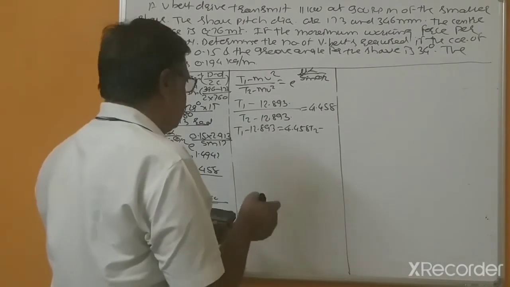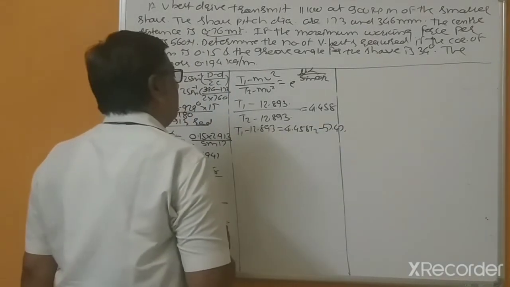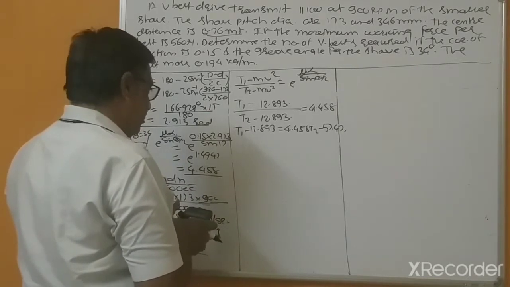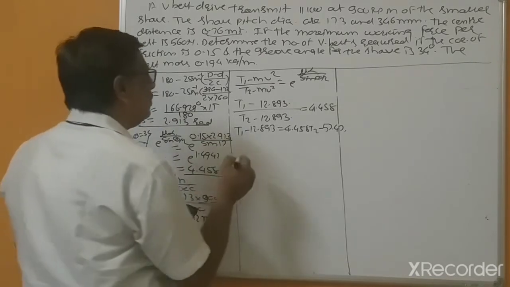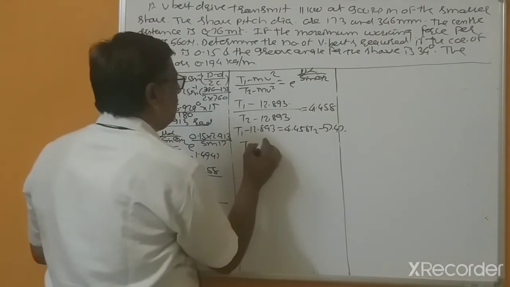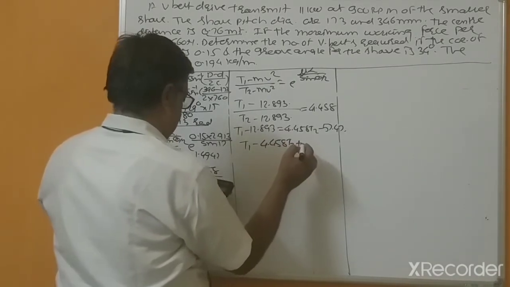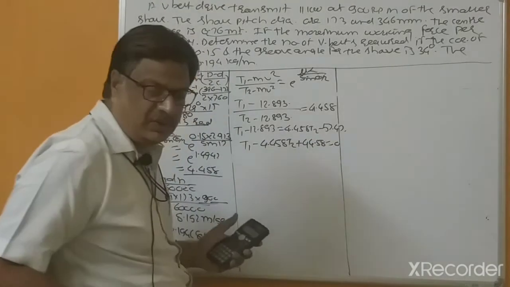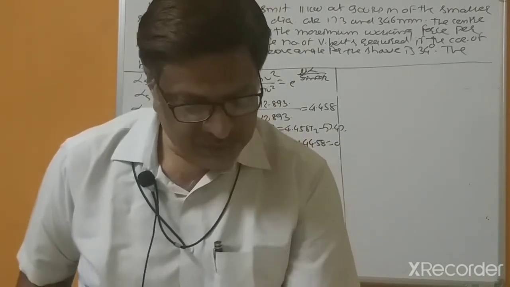This gives T1 minus 4.458 T2 plus 44.58 equal to 0.